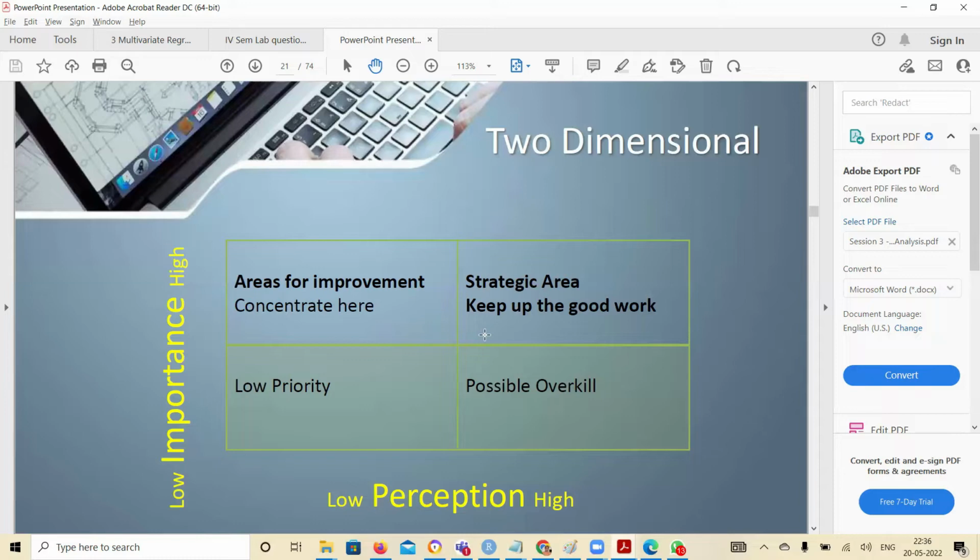There's no point putting effort there because nobody is going to appreciate it anyway, right? So instead focus on areas of improvement, okay? Because you think it's not important and probably you're putting less effort, but the customer thinks it's important, so you have to put more effort, isn't it? That's called improvement and possible overkill. So all the features you can actually mark on these 4 areas, right?